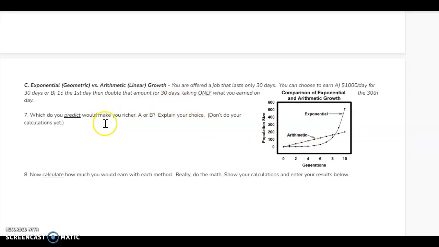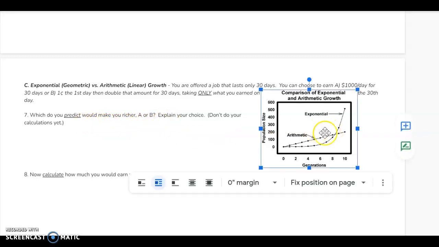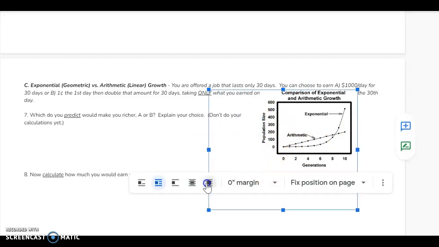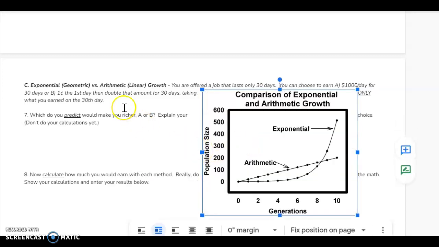Okay, so let's see, on this graph, I guess you just asked about reading the graph. You can always let me know if you need more here, but in reading this graph, I thought there was a different question here that I'm seeing, but I'll look for that in a second. Basically, the different kinds of growth. The population size is off to the left on the y-axis.